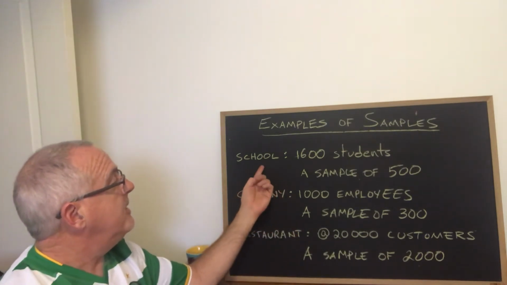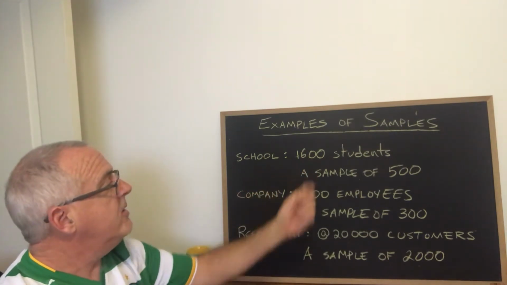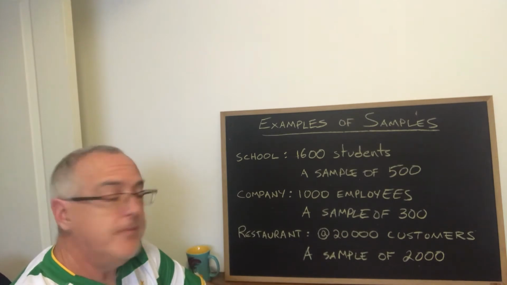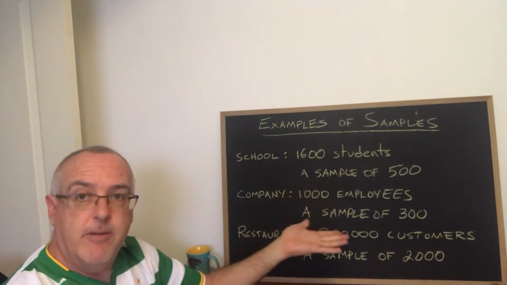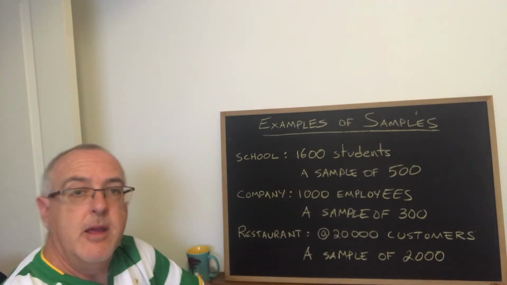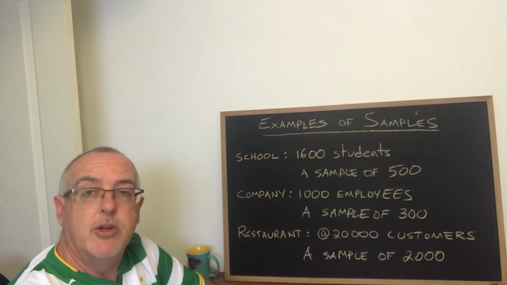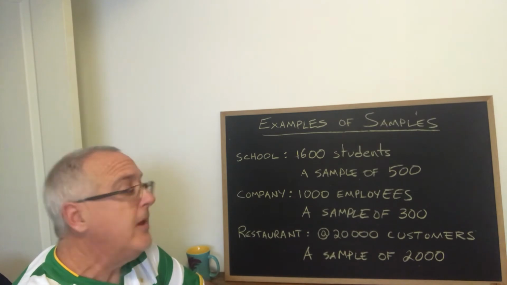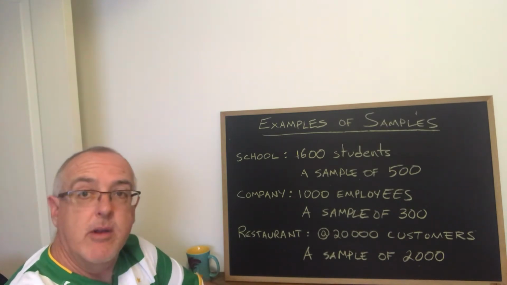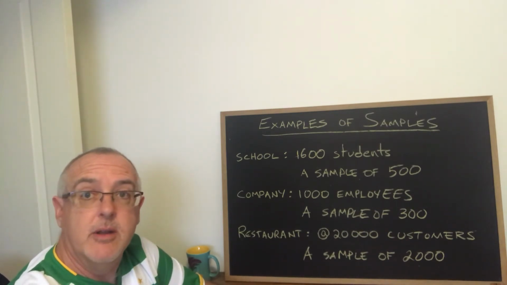One example: in a school where there are 1,600 students, a sample could be 500 of those students. It's a large enough group of the students so that we should be able to trust the results, but we don't have to try and chase down every one of the 1,600 students.